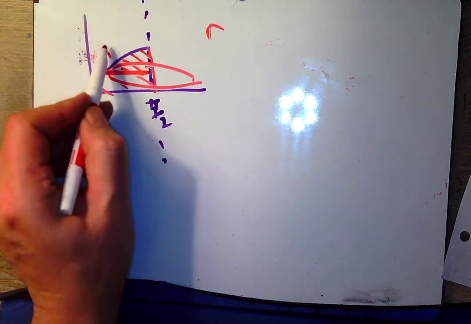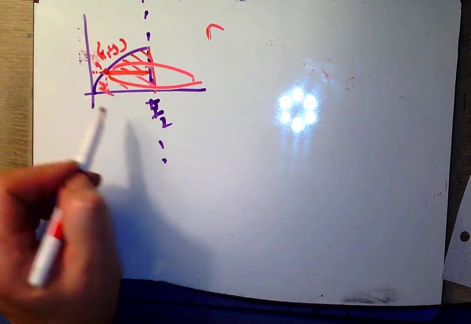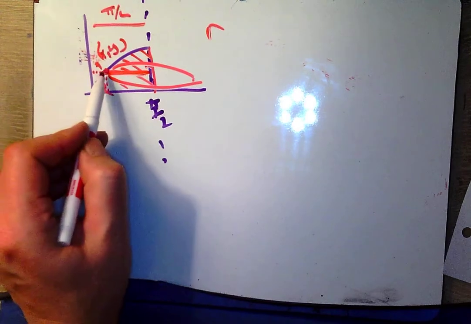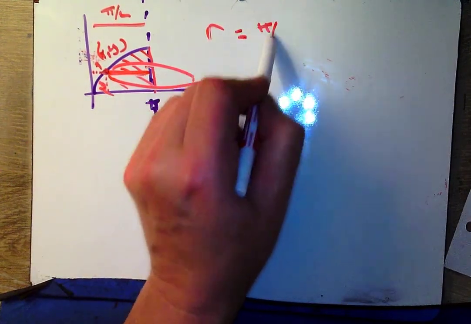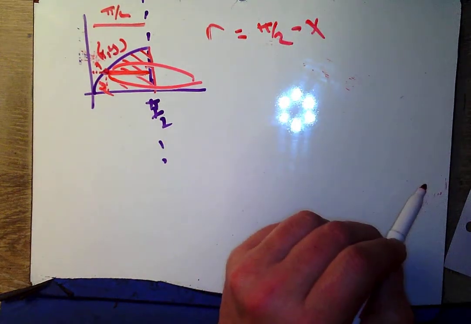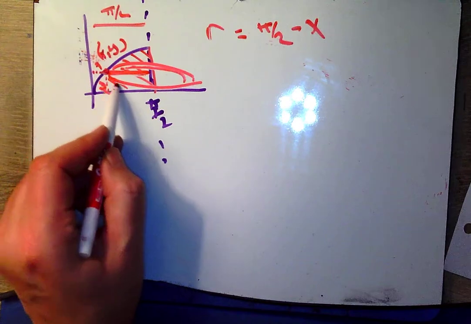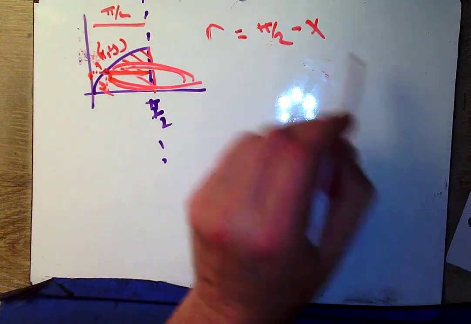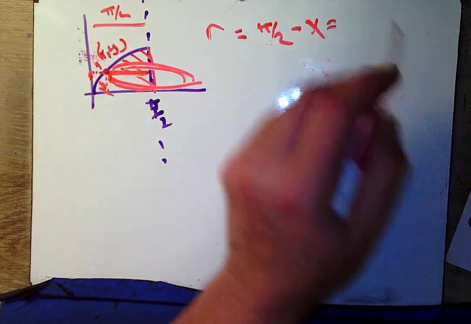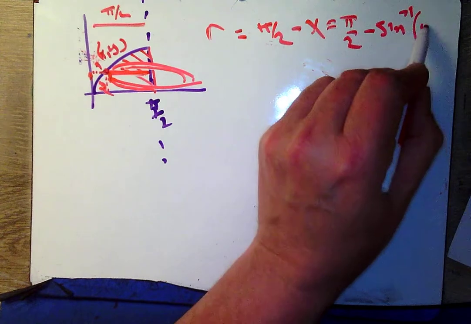Again, this is called xy. This amount is x, this amount is y. We need this amount. This is pi over 2, this is x, and so our radius must be pi over 2 minus x. Since the thickness of this is a vertical thickness, it would be measured as a dy, we have to get rid of that x: pi over 2 minus sine inverse of y.